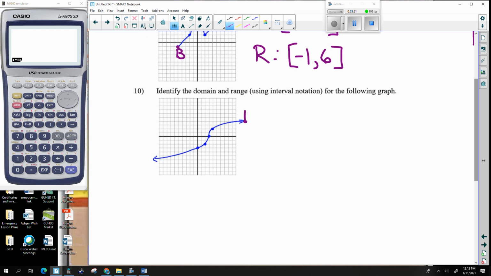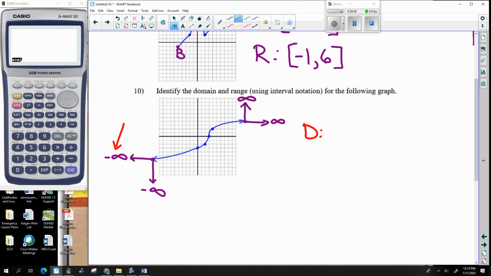Okay, this arrowhead goes up and to the right. This goes down and to the left. So the leftmost is, again, that negative infinity right there.